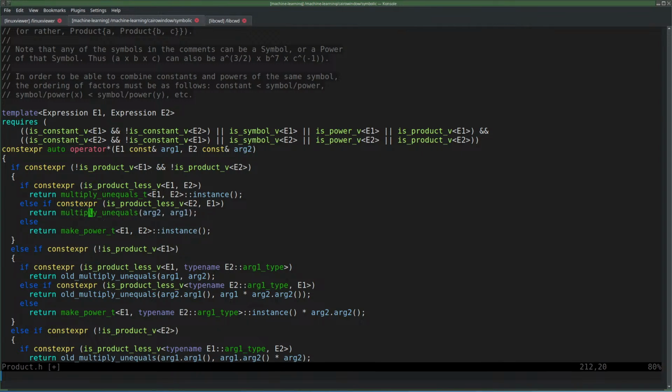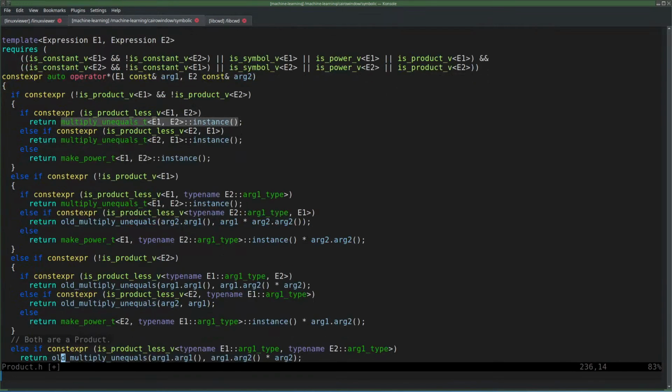And this one can also be made correct. E2, E1 instance. Now this one is the same as arg1, arg2. And here's an arg2, arg1.